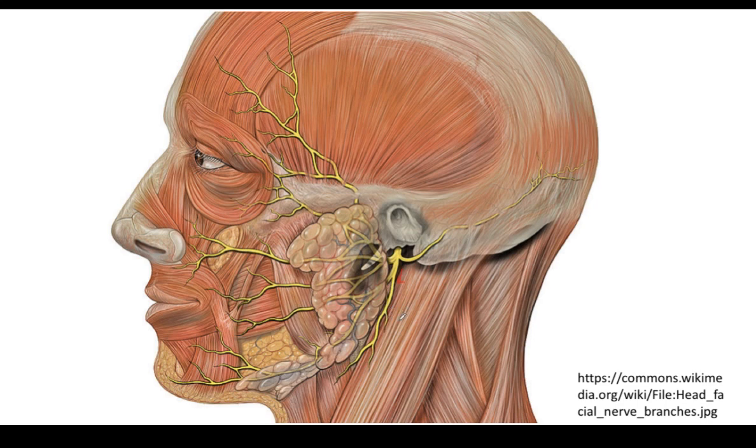So there's a cervical branch that goes down towards the neck. There is a mandibular branch that goes towards the mandible. There are temporal branches that head up more towards the temples. There are zygomatic branches, and there are buccal and maxillary branches as well.